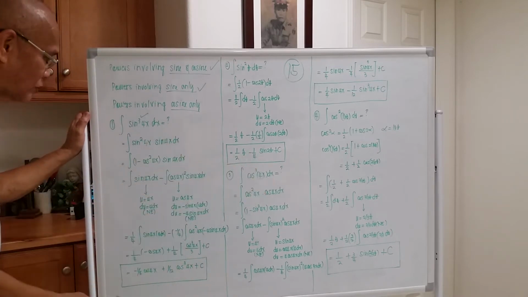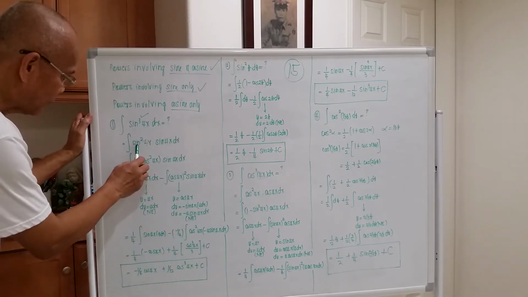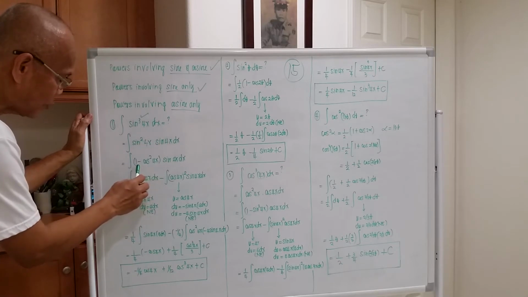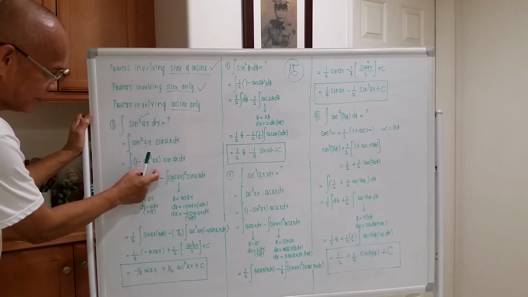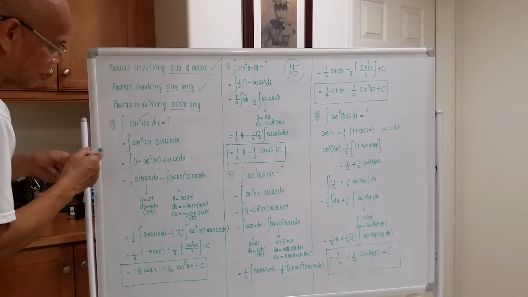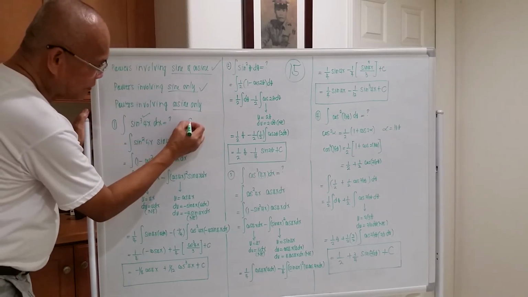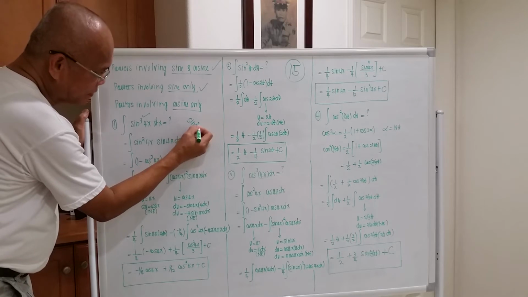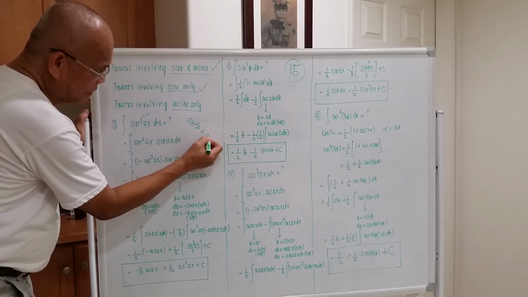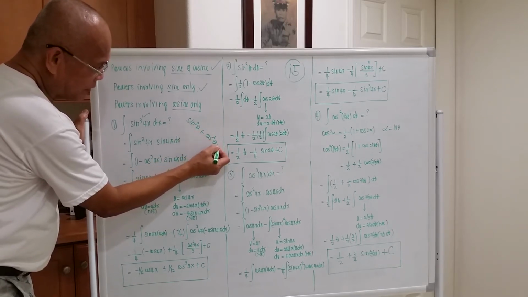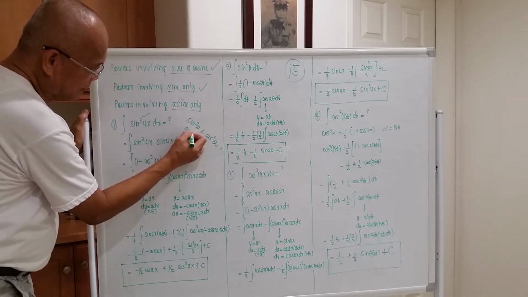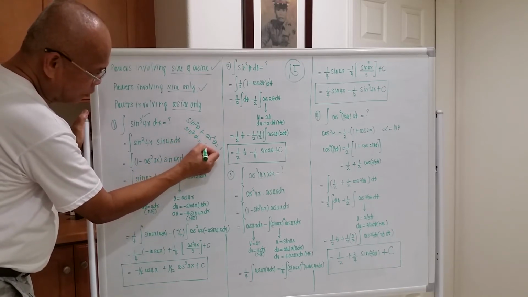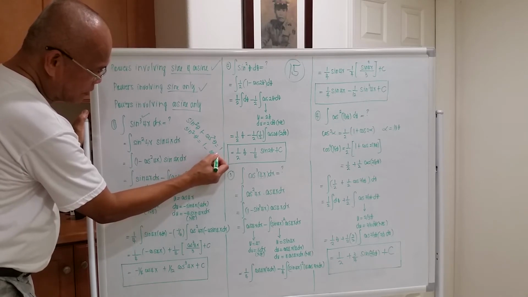Let's proceed with the solution. We will replace sine square of 4x by 1 minus cosine square of 4x. This came from the identity sine square of theta plus cosine square of theta equals 1. So sine square of theta equals 1 minus cosine square of theta.